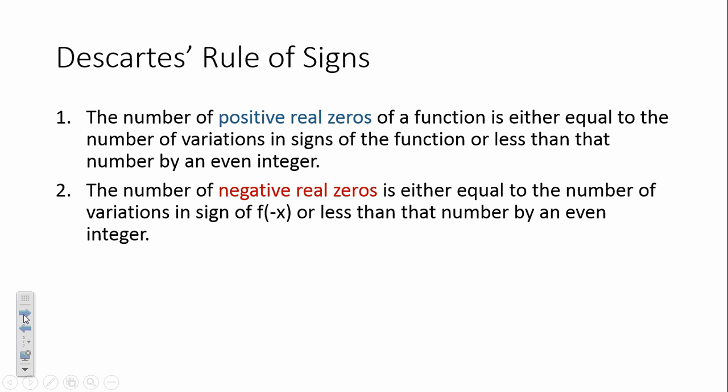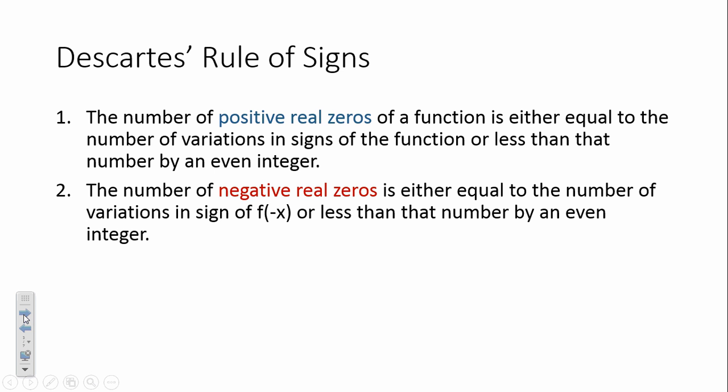Then Descartes also found out that if you want to know the negative real zeros, you plug in f of negative x and see how many variations of signs there would be. You trust him, or do we want to go back to our other example and try it? Trust him? Okay, you convinced? Okay. So what does this mean for us? Well, if we find out that there are no variations in sign change, then we're not going to have any positive real zeros, right?